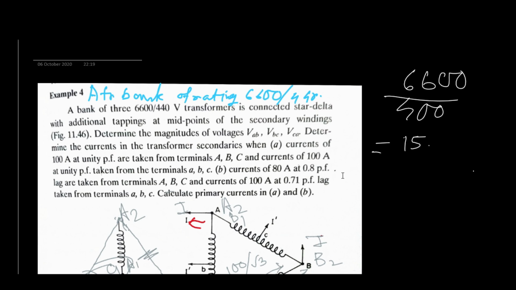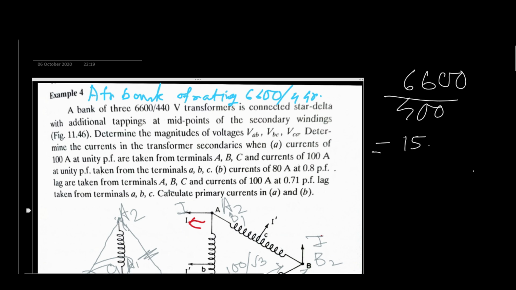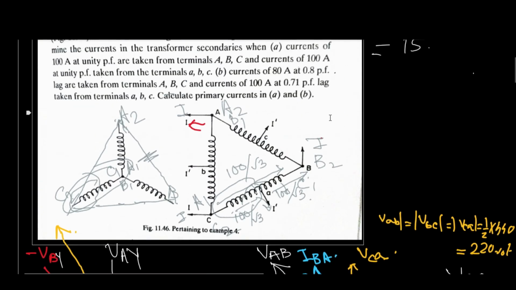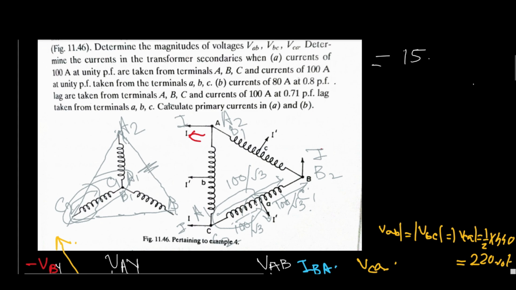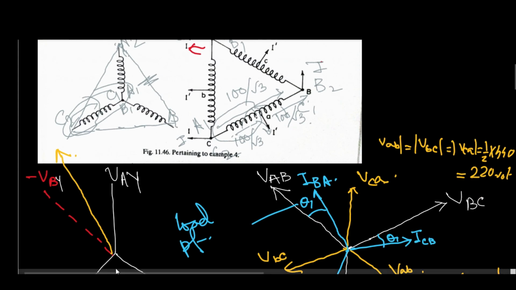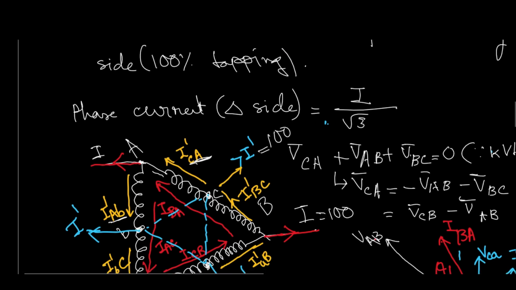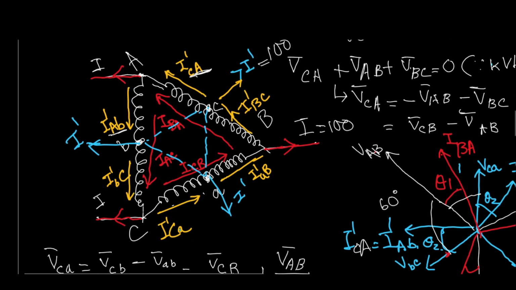Now the midpoint has actually made everything very problematic. We have the first case, which is the unity power factor. I have drawn it here. It's quite complicated.